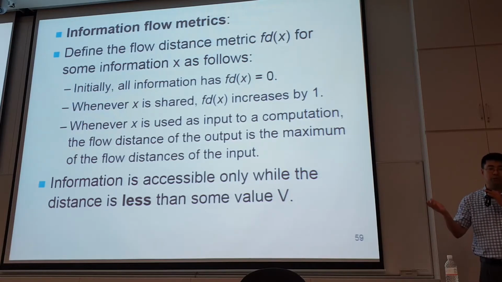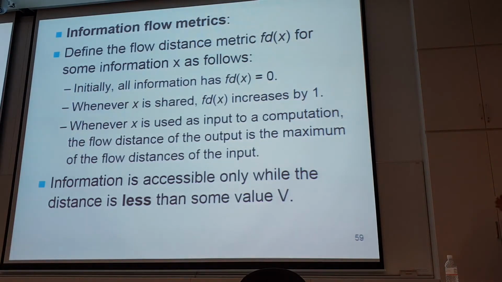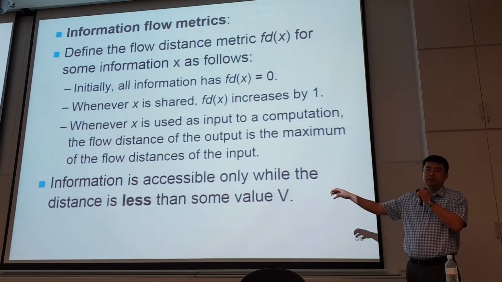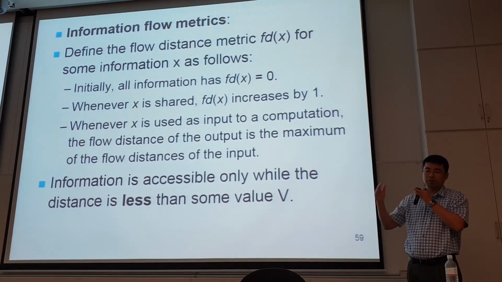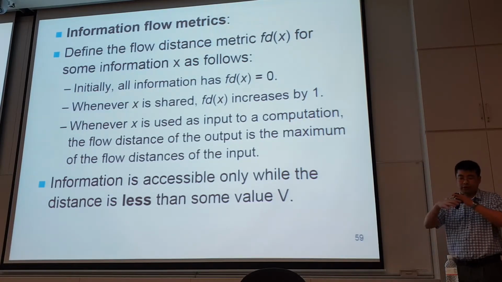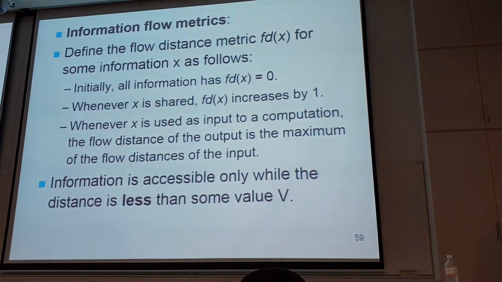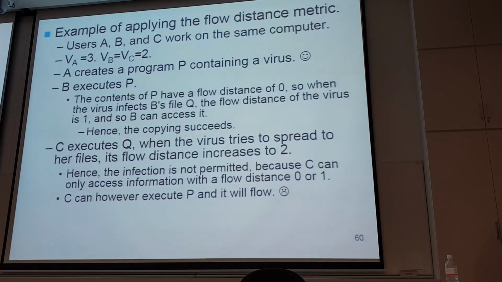Then you can set a threshold for each user. For example, for all the objects this user accesses, the flow distance must be below the threshold. So if the virus wants to infect multiple objects, the flow distance will restrict this infection. Essentially, you set a boundary to restrict the domain the virus can spread. So this is how the information flow matrix can work.